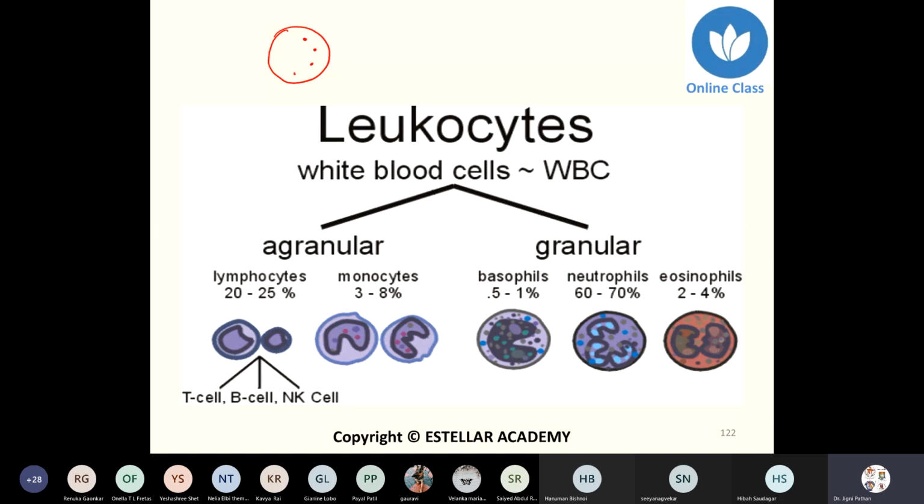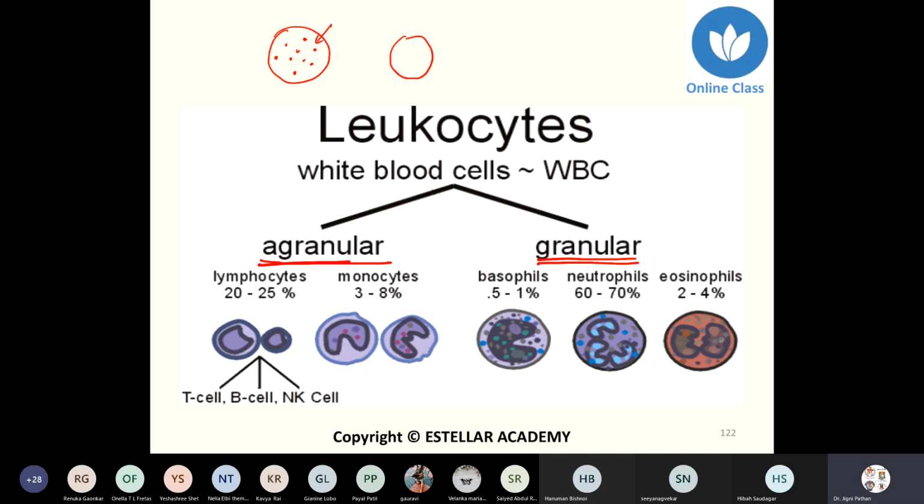What do they have? Granules. These granules take up the stain. Some leukocytes have granules, some do not. So they are categorized under agranular and granular leukocytes. Is this point clear?